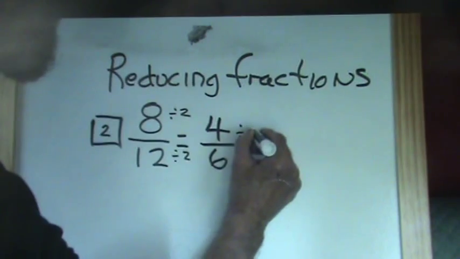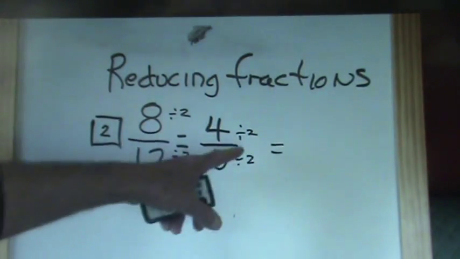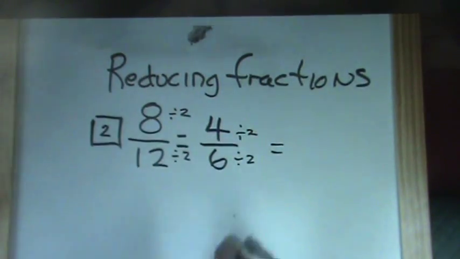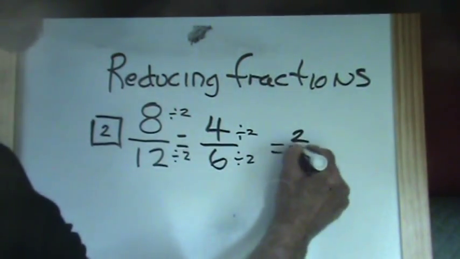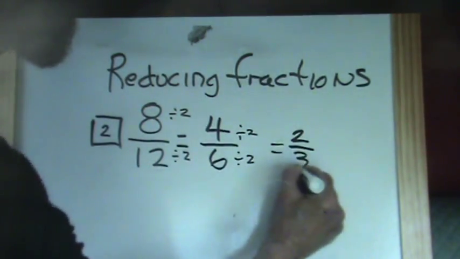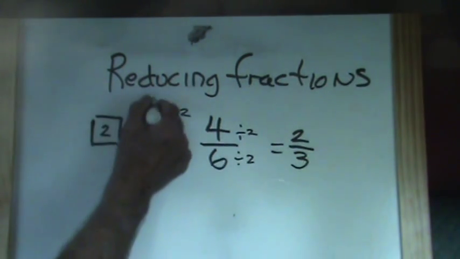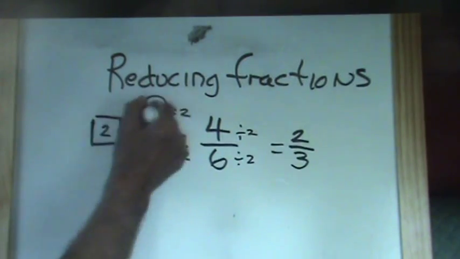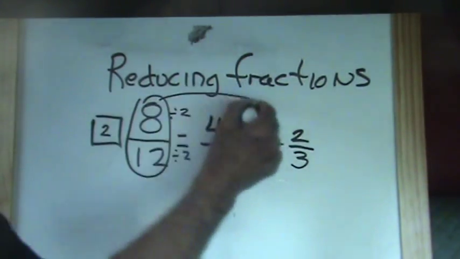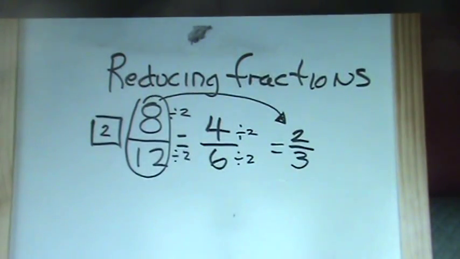So we have to divide by 2 again. 2 divided into 4 goes 2 times. 2 divided into 6 goes 3 times. So we have now renamed the fraction 8/12, and its smallest name is 2/3.